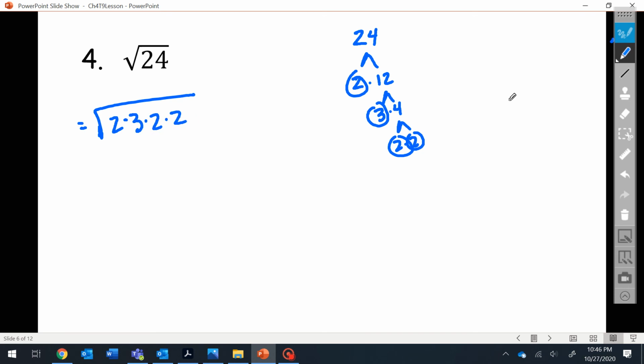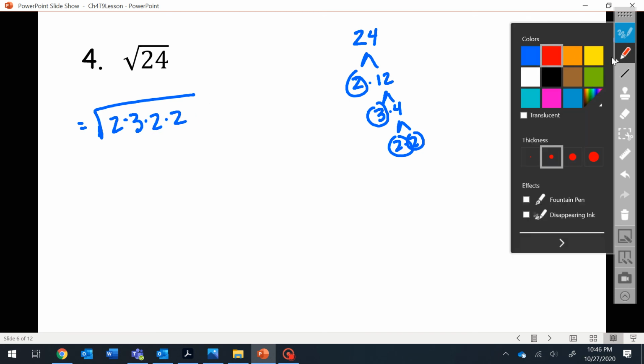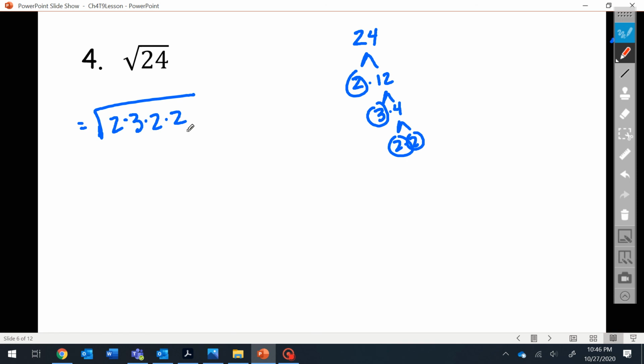Alright, so we're looking for pairs, because a pair on the inside makes one of those numbers on the outside. So right here is a pair, so that pair of 2's will make a single 2 on the outside. So we get 2 square root of 2 times 3. That's the only pair that's on the inside.